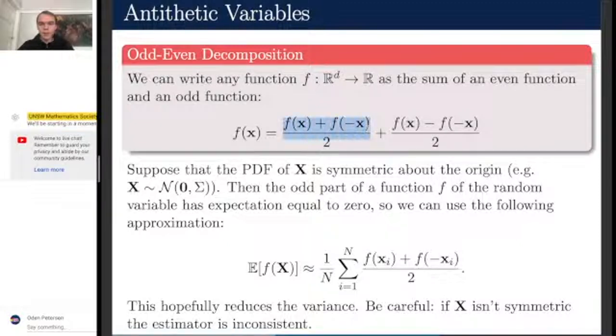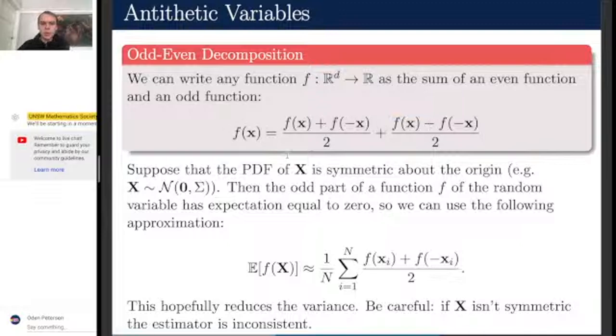And this component here is an odd function, in the sense that if you plug in minus x, you get the negative of this term. So even though the original function f of x was not necessarily even or odd, we've decomposed it into the sum of an even function and an odd function.